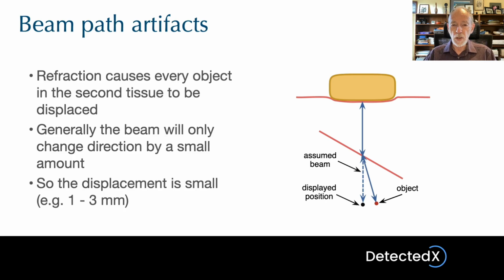Since all of the tissues around it will also be similarly affected, this actually produces very little distortion in the image and normally is quite unimportant. However, there are specific situations where refraction causes quite dramatic artifacts. Let's take a look at that.